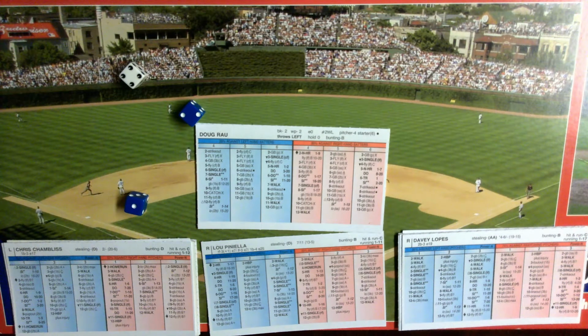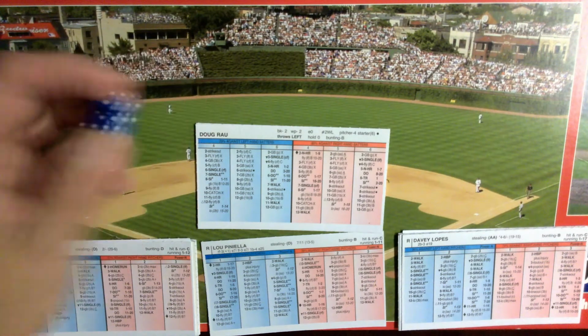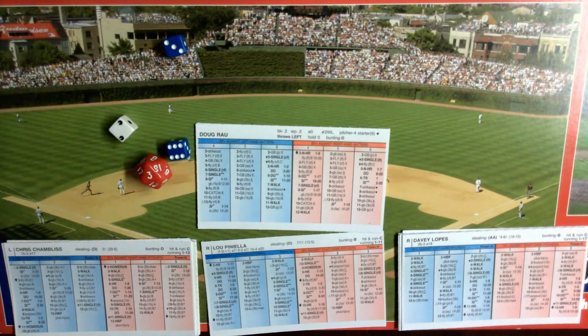That ball is hit to Lee Lacy. Lacy is a 4 and an 11. Roll our dice for the super advanced fielding chart. That is a 3 and a 5 and an 11. So 3 and an 11.